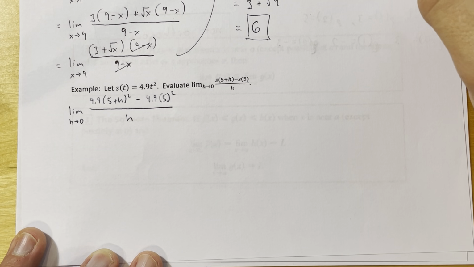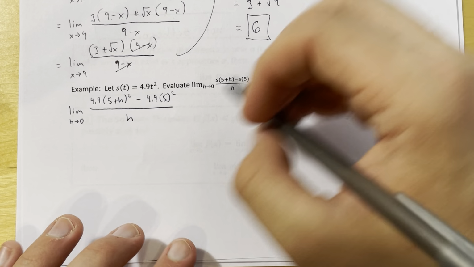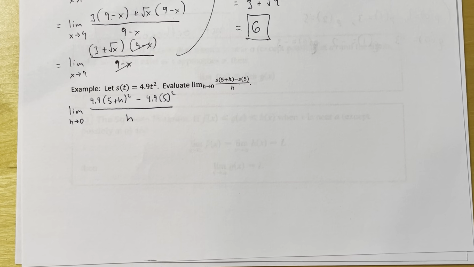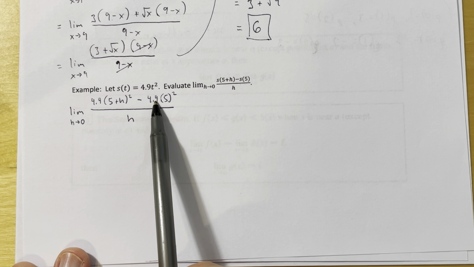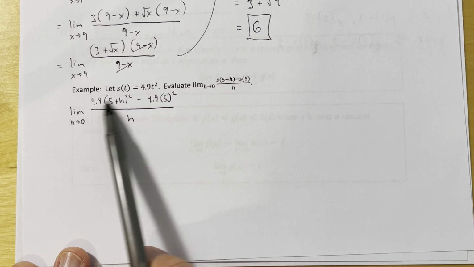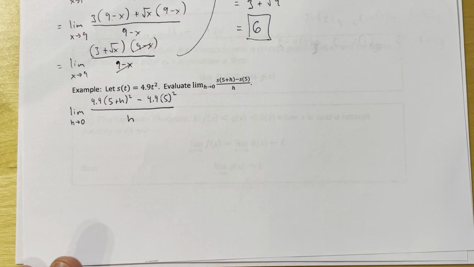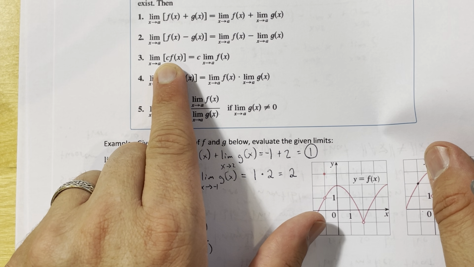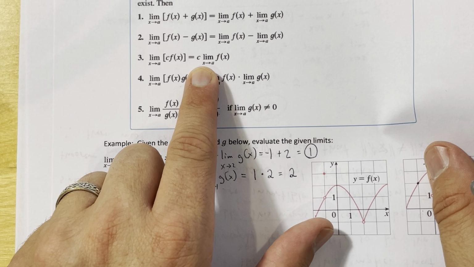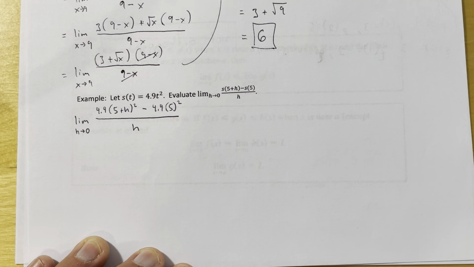Okay? Now, I'm going to start expanding things and combining like terms and trying to simplify things as much as possible. But the first thing I want to pay attention to is that this 4.9 here can be factored out of my numerator, and according to limit law number 3, I can bring that constant, that 4.9, clear out of the limit entirely. So I'm going to do that first.